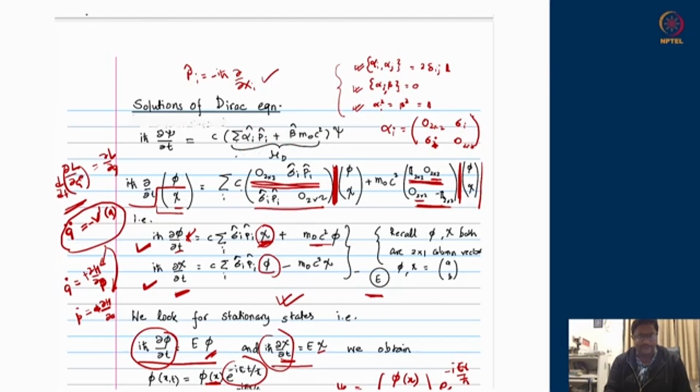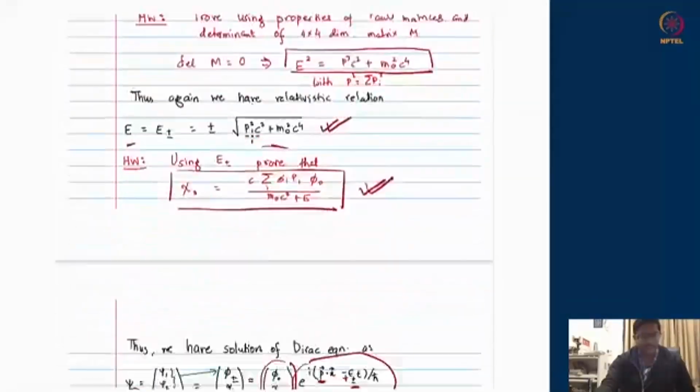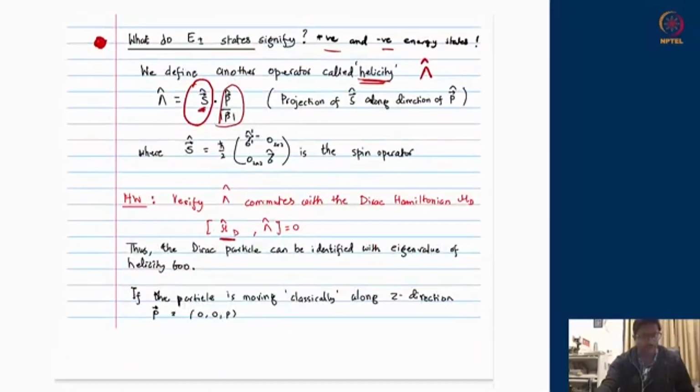And in this, alphas were also made up from Pauli matrices in the off diagonal, remember. And this time the spin operator which we are trying to make the helicity operator has the spin operator sigmas, Pauli matrices in the diagonal, dotted with the p. Previously it was multiplying in the off diagonal.